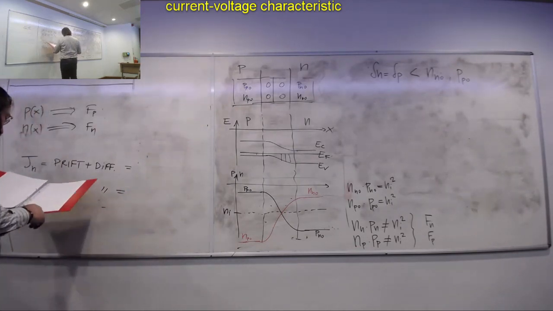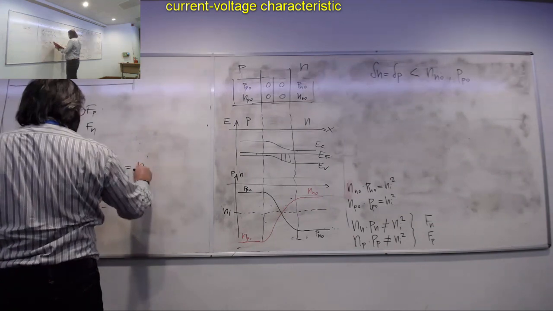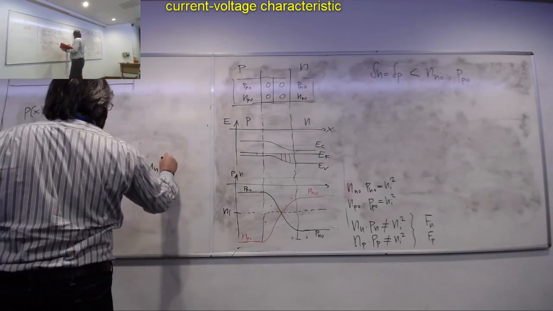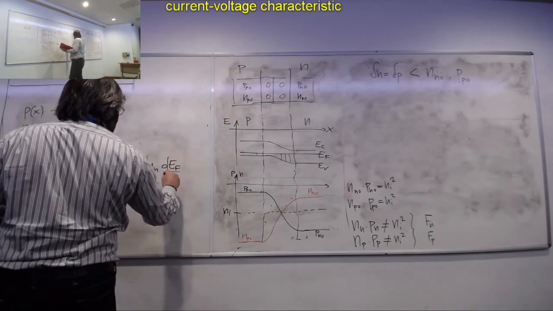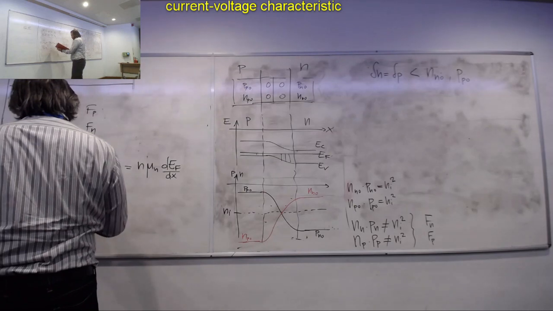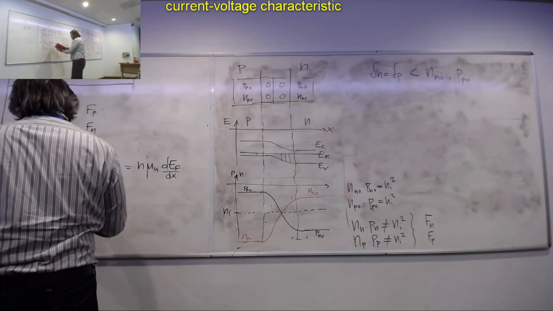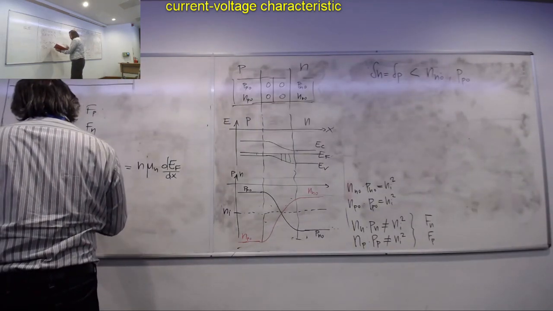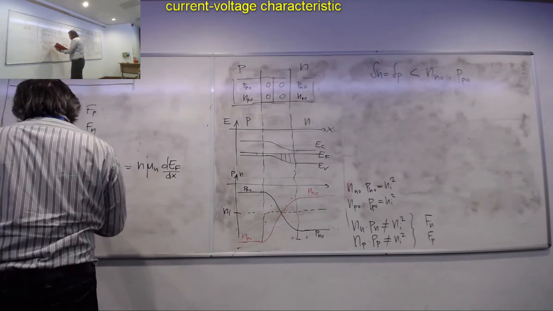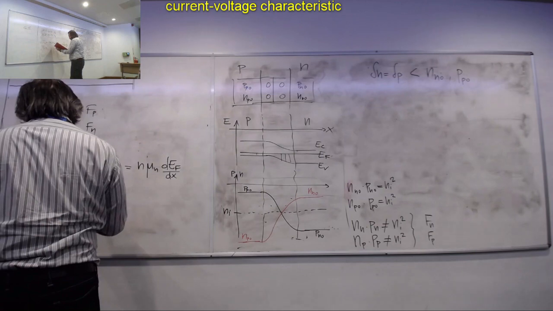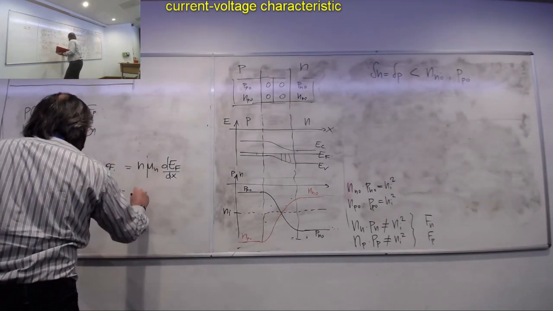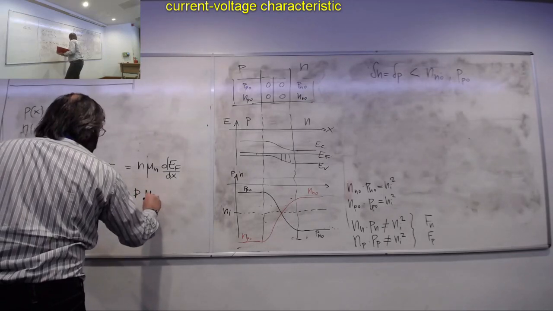So we can actually write that this is n, mu n, and p, mu p.